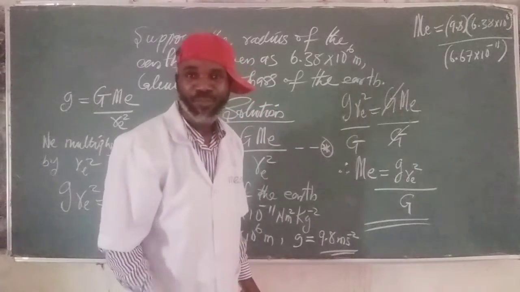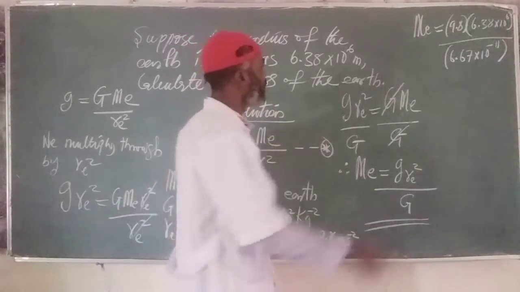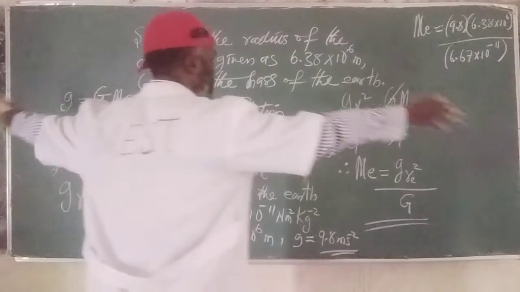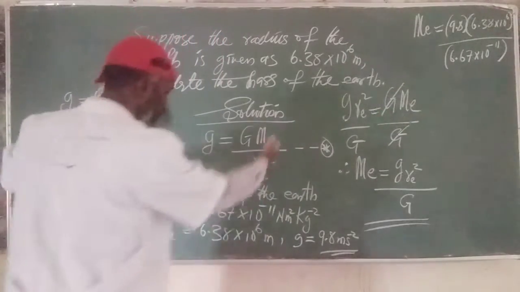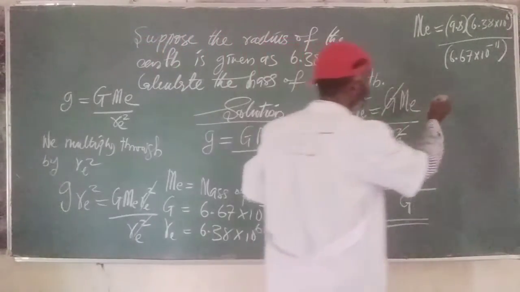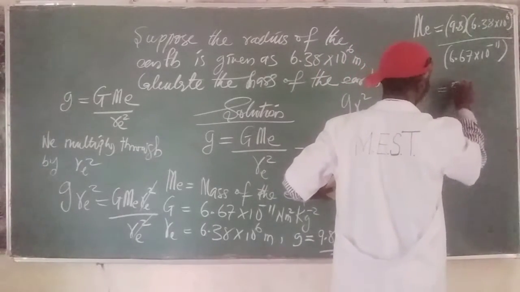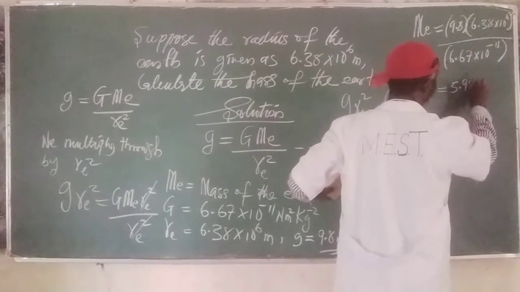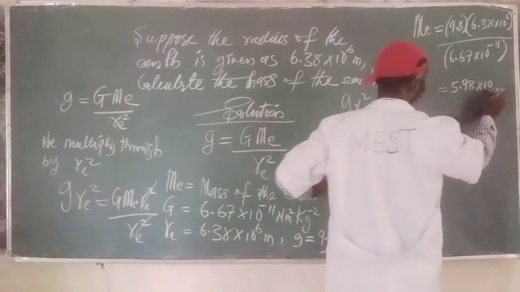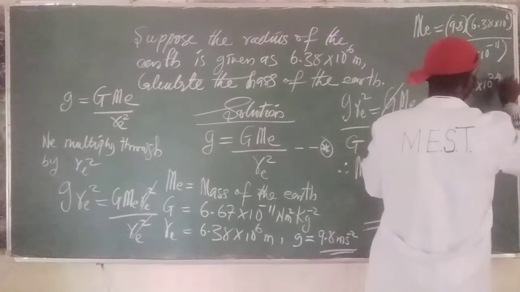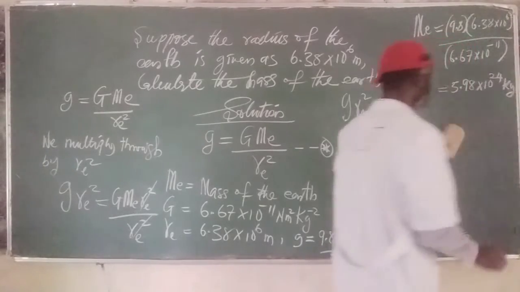What do we do next? Simplify. When we simplify, following all these steps, we now have 5.98 times 10 raised to the power 24 kilograms.